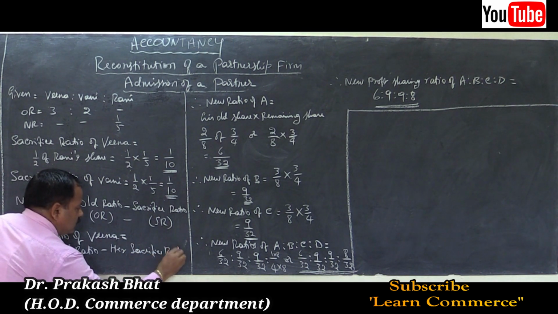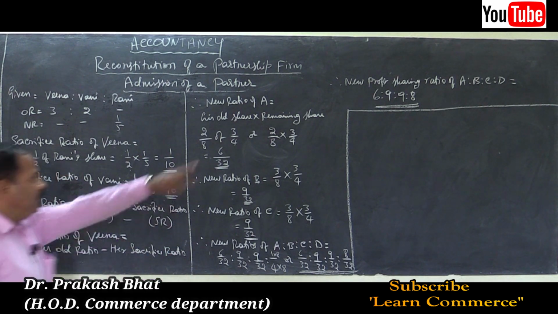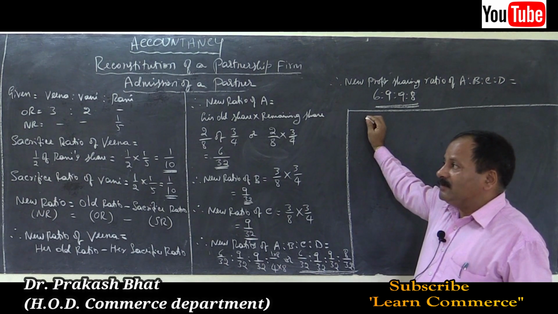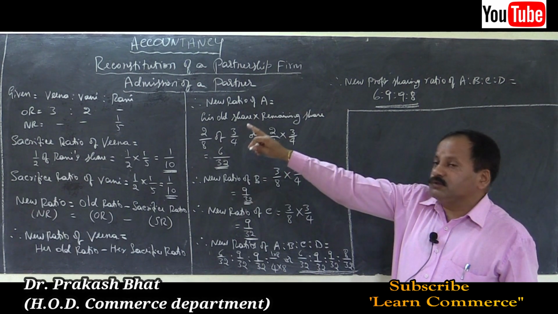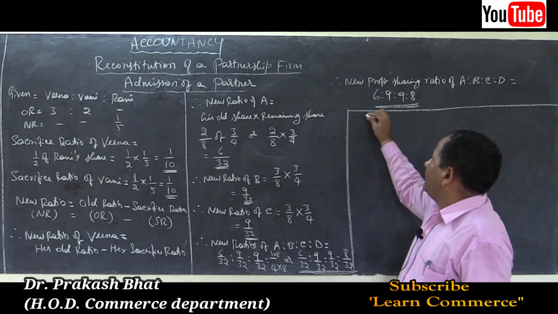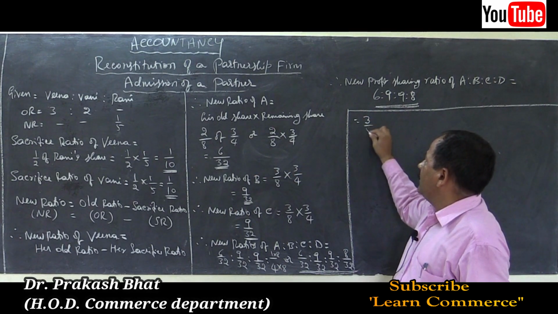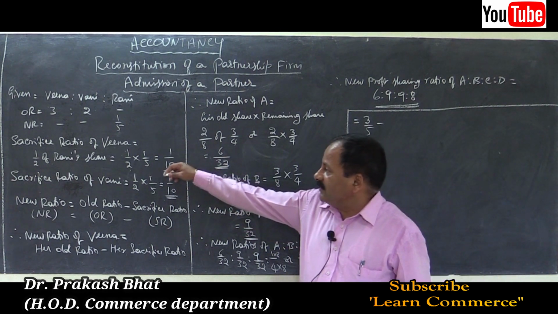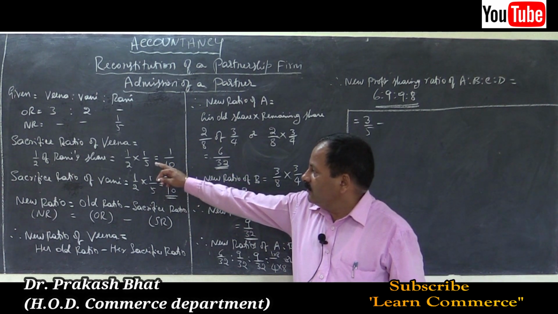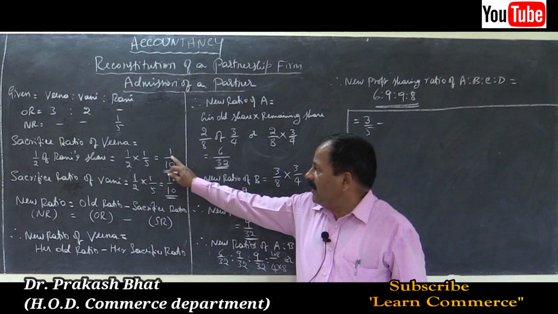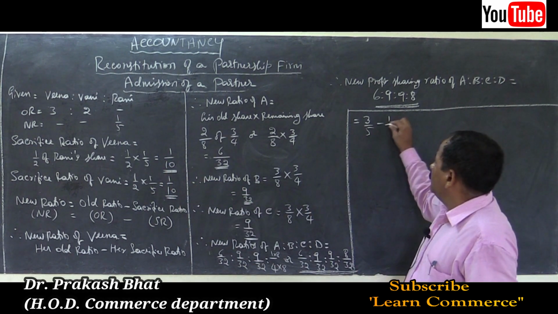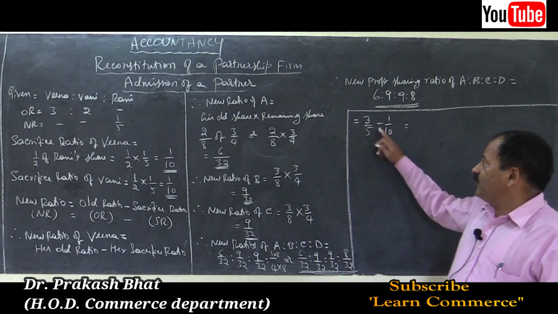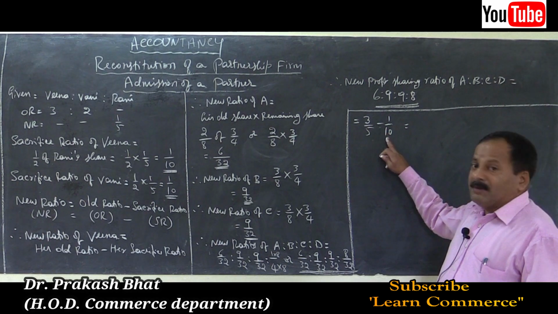Old ratio of Veena was how much? 3:2, 3 plus 2, 5. So, 3/5 minus share sacrificed by Veena. It is very clear. That is 1/10. So, 3/5 minus 1/10.